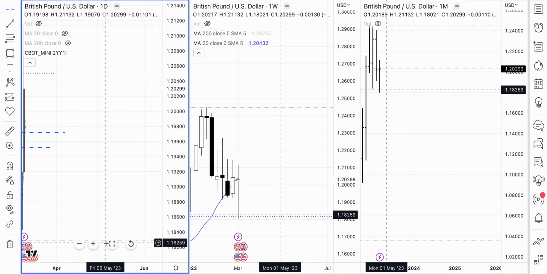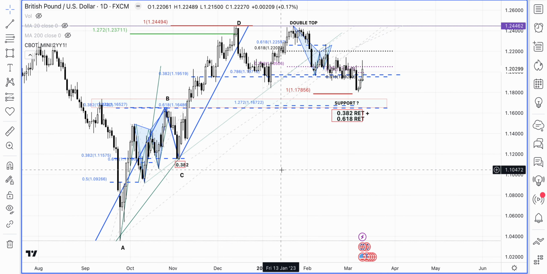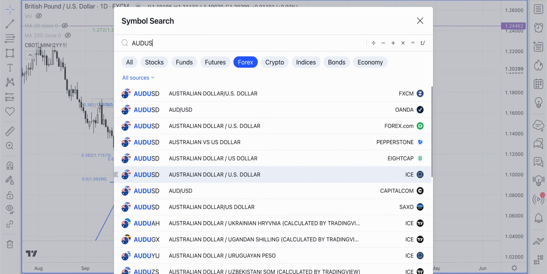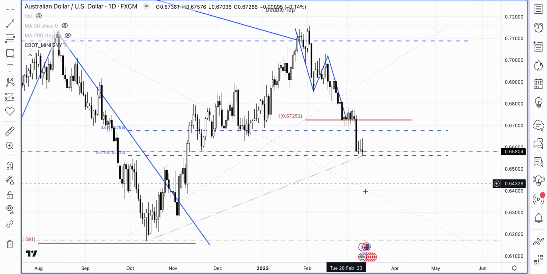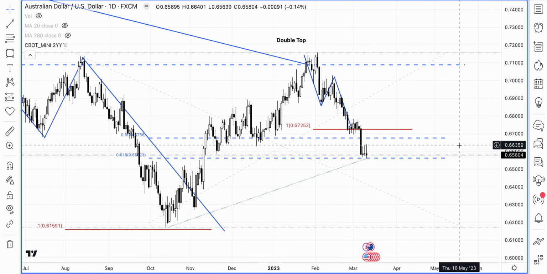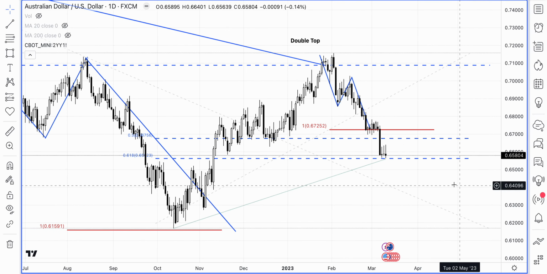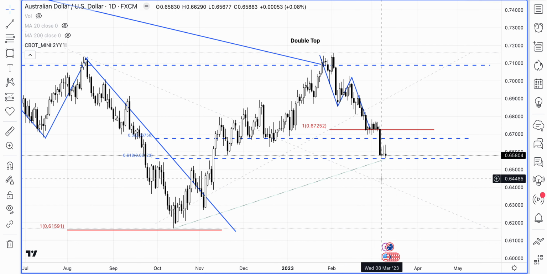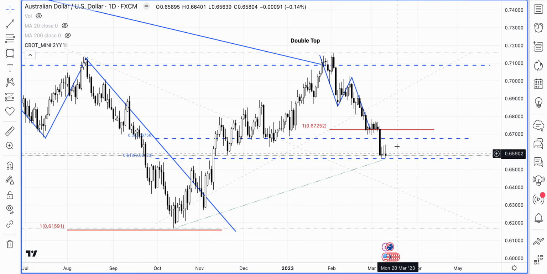Okay, and the last one we will take a look at in terms of the major currency pairs is the Aussie dollar. So this Aussie dollar one is actually a really interesting one because it is sitting right at the 61.8% Fibonacci retracement. And if you look at this, it's been there for 1, 2, and 3 days. So it's been quite some time.